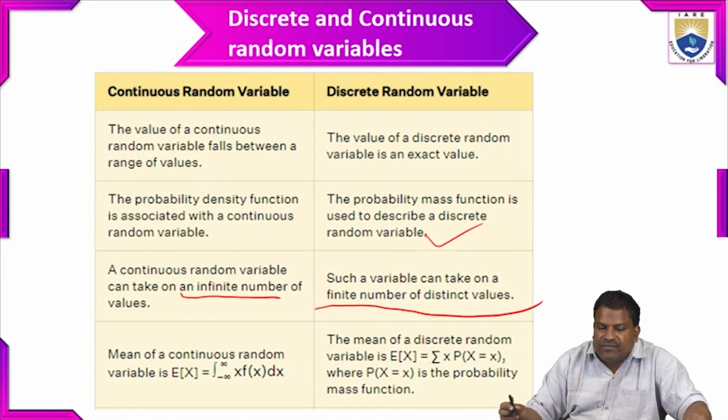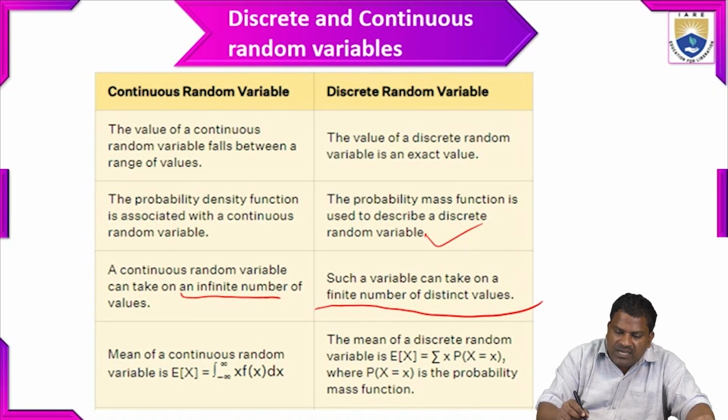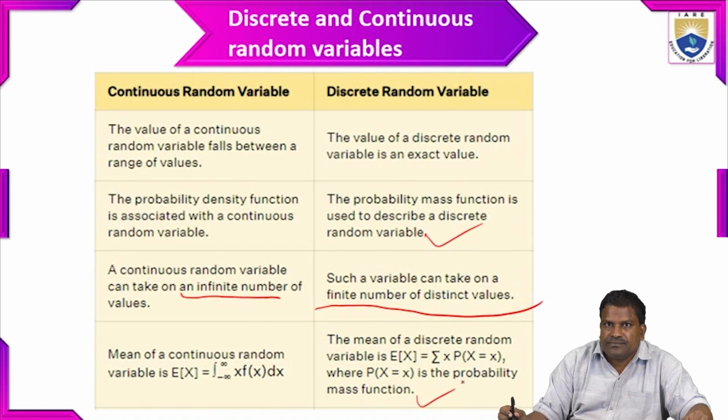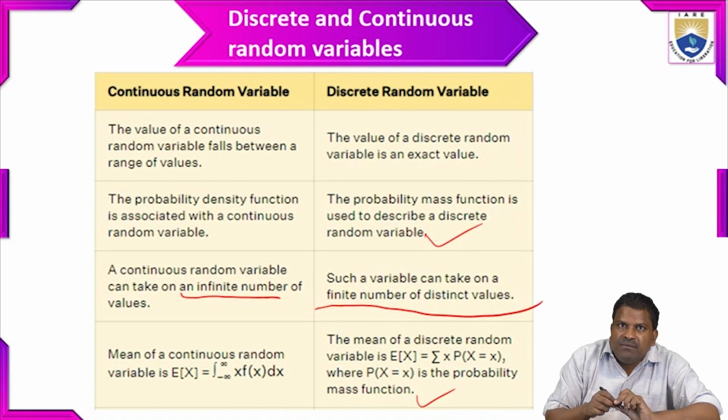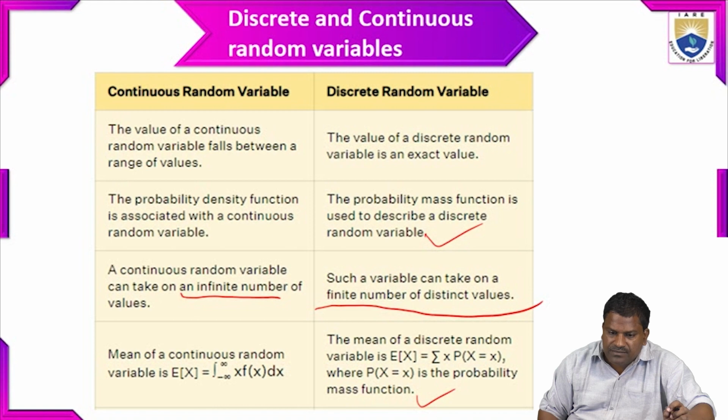In a discrete random variable, the mean is E of x is equal to sigma x into P of X equal to x, where P of X equal to x is the probability mass function. Here we are not taking integration because it gives a specific numerical value, an exact value. These are the main differences between discrete and continuous random variables.